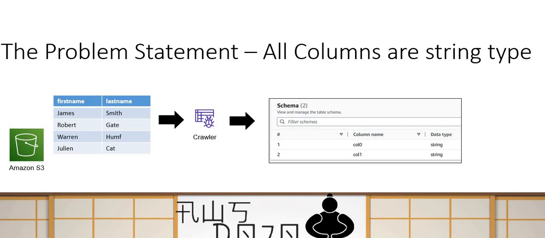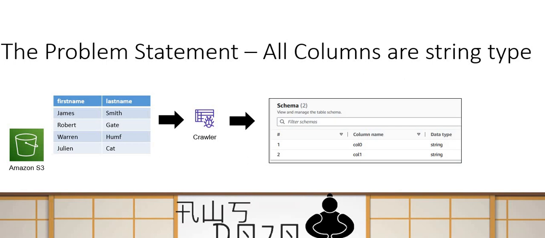Since every column is a string type, it assumes that first name, last name is also data. It does not consider that as a header, so it will generate a schema where it gives column names as col0 and col1. And when you try to query data through this schema, you will see first name and last name as a record.